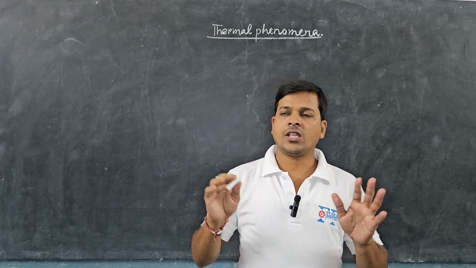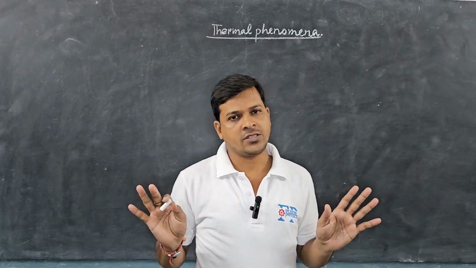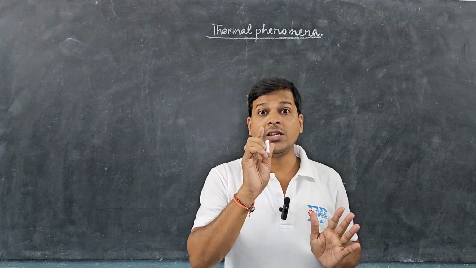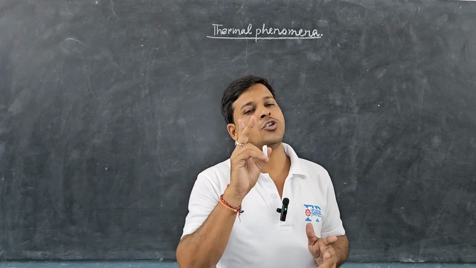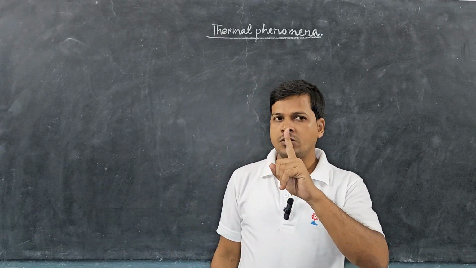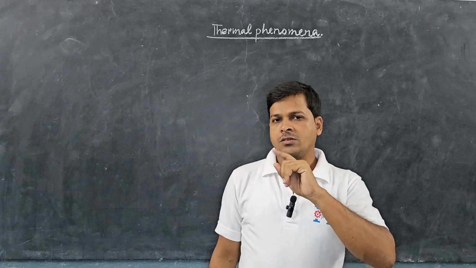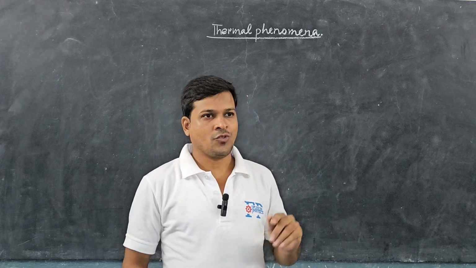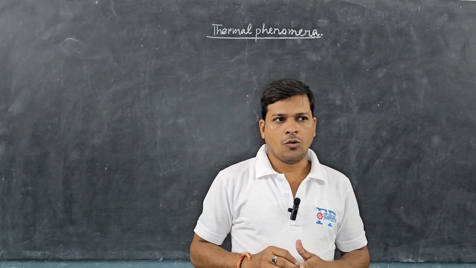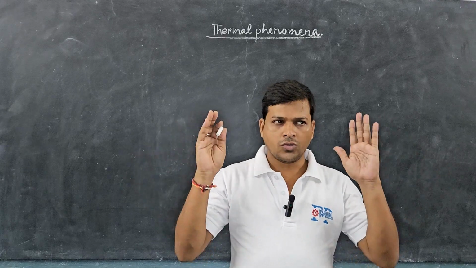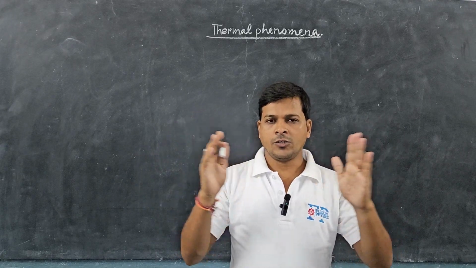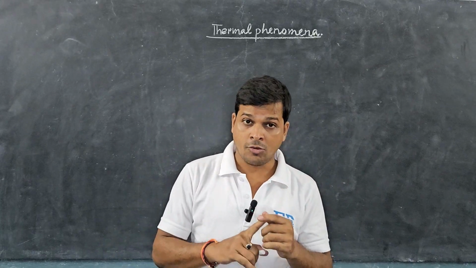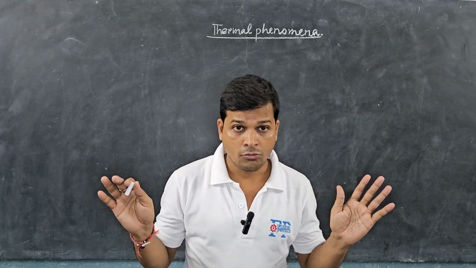Actually, like all other forms of energy, heat is a form of energy. That's why heat flows only when there are two conditions. The first condition is there must be a temperature difference between the two bodies, or between the two surfaces of a body. There must be a temperature difference, otherwise the heat will not flow.